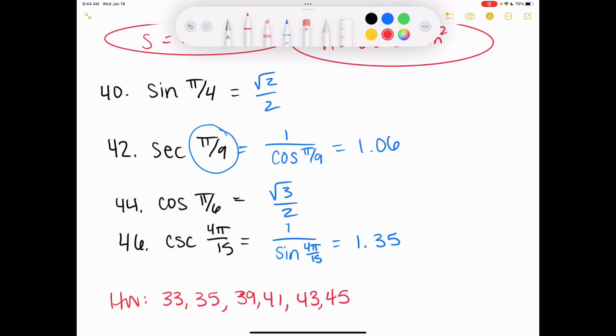So I know we didn't do a cotangent problem like this, but cotangent would be the same thing as like 1 over tangent. So just when you get to that one.